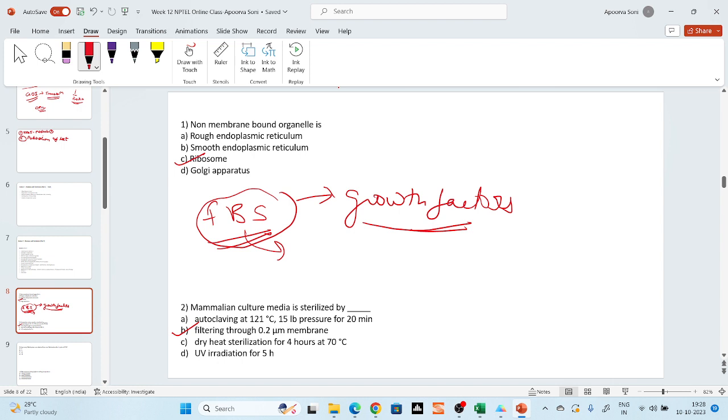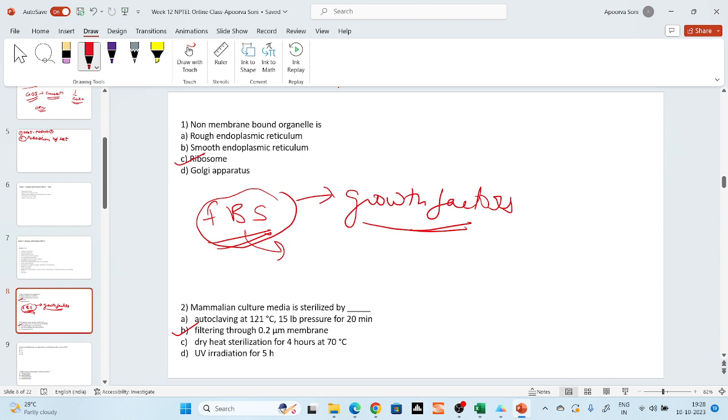Inactivation means that there are so many immune molecules present in the FBS, such as some kinds of antibodies and complement proteins. You only want growth factors and other nutritional setup to be present in the FBS, but you do not want any kind of immune molecules that can hamper the growth.